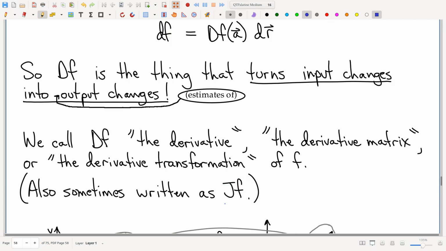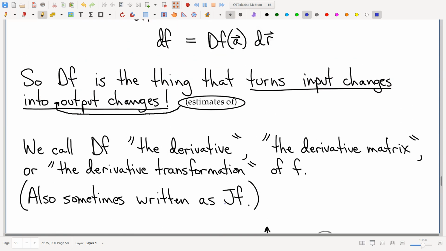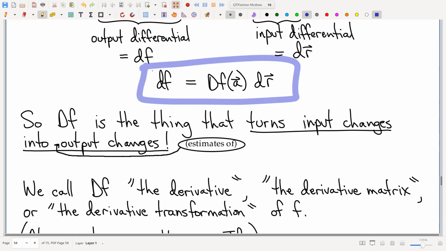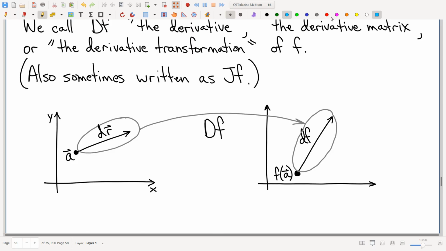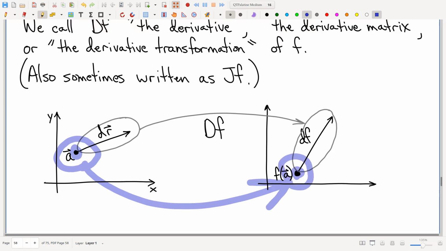Okay, what do these things look like geometrically? I'm going to take this equation right here and keep in mind that DF is the thing that turns input changes into output changes. Let's write that down. If you have a function that takes this point A to this point f of A, so f takes A to f of A, point to point, the derivative matrix again takes input changes and turns them into output changes.